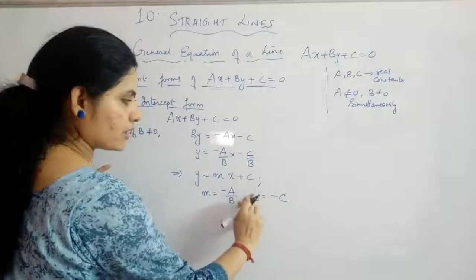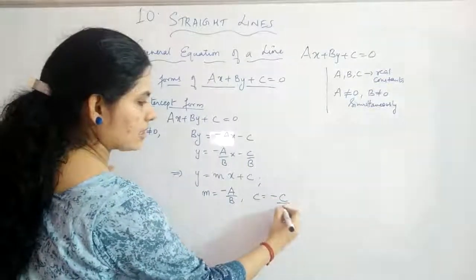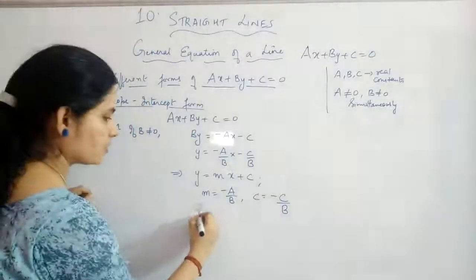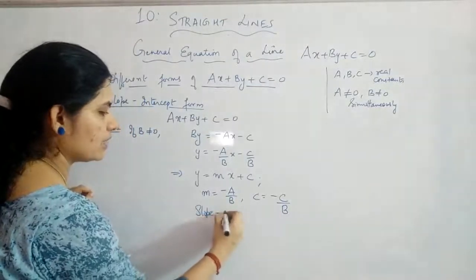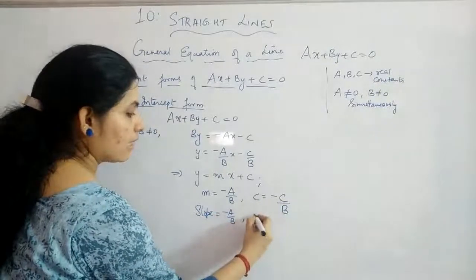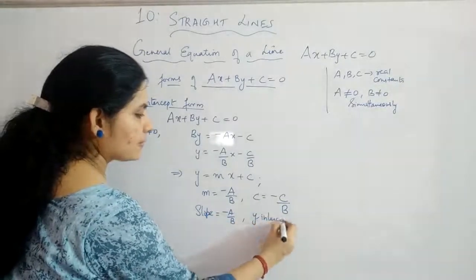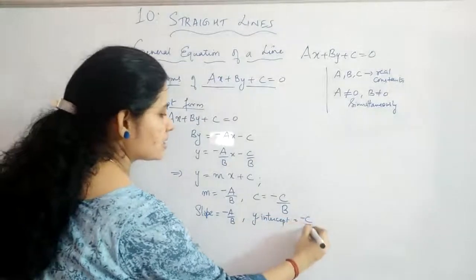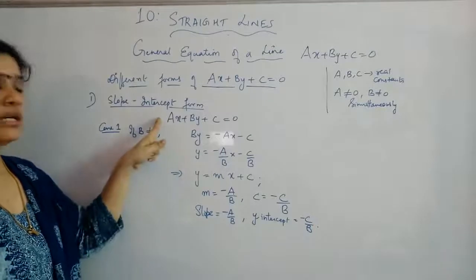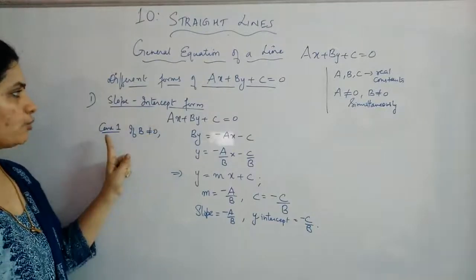Both the c's are different: this is small c, this is capital C. What is m? m is the slope of the equation, that is the slope will be minus a by b, and the y-intercept will be minus c by b. So this is how you have to reduce the given equation in slope-intercept form.